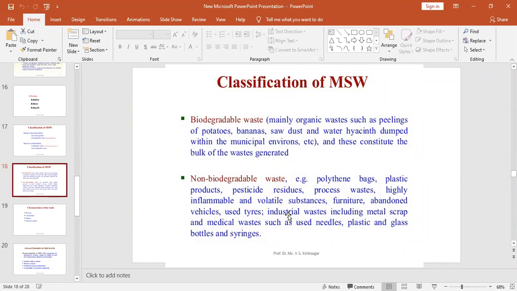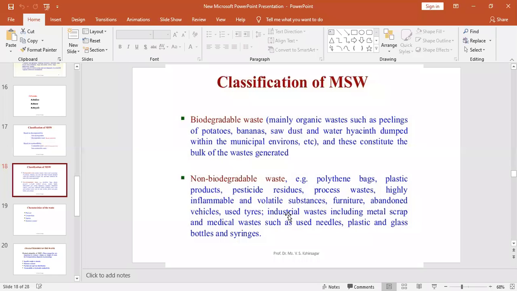And what is the non-biodegradable waste? It is polythene bags, plastic products, pesticide residues, process waste, highly inflammable and volatile substances, furniture, abandoned vehicles, used tires, industries waste including metal scrap, and medical waste such as used needles, plastics, and glass bottles or the syringe. These are identified as non-biodegradable waste.